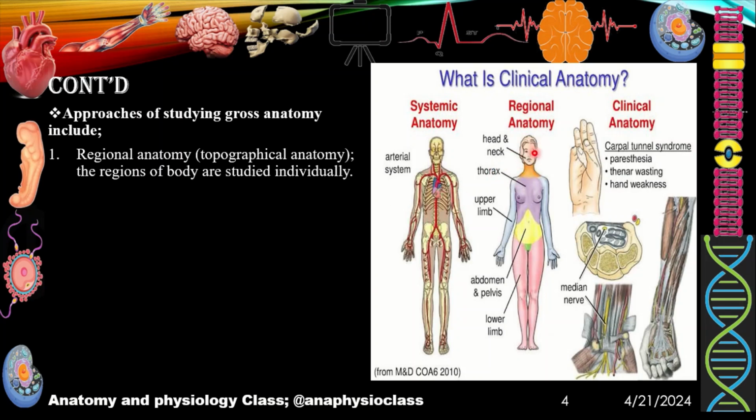Example, let's look at this diagram where the body is divided into so many regions: head, neck, thorax, upper limb, lower limb. So in this regional anatomy, we study the anatomy of each and every region individually, regardless of the part of the structure that is found in other regions which are related to it.